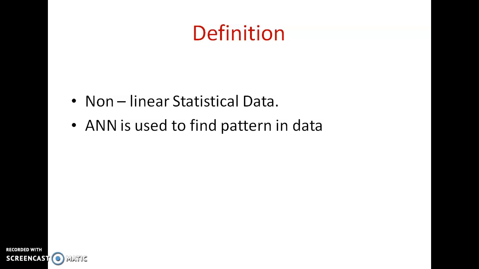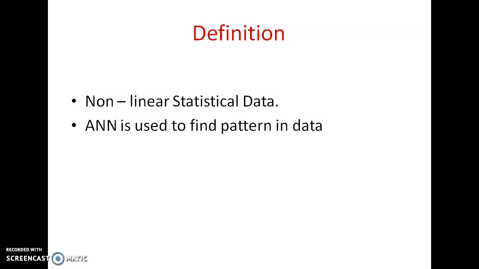Coming to the artificial neural network, what is an artificial neural network? It is a non-linear statistical data model, either in the form of a decision-making tool or model. The main objective of an artificial neural network is to solve supervised and unsupervised machine learning problems.